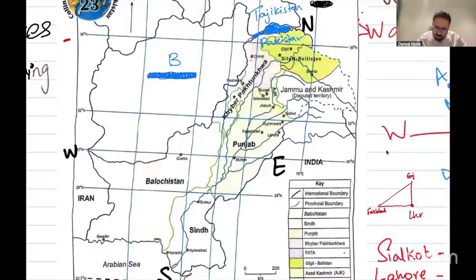Now, this whole area is your Khyber Pakhtunkhwa. Okay? So Khyber Pakhtunkhwa is completely on the west and north. So it is going to be northwest, right? Then we have Balochistan.